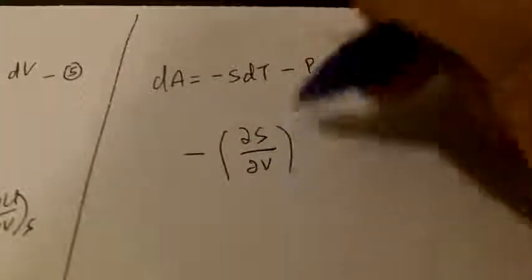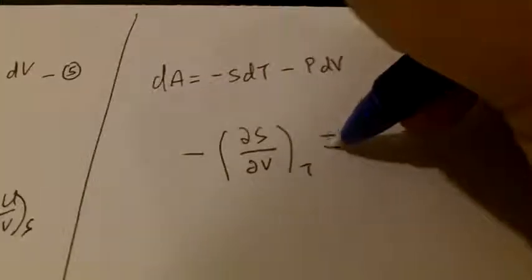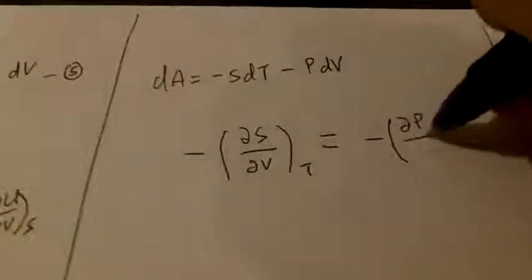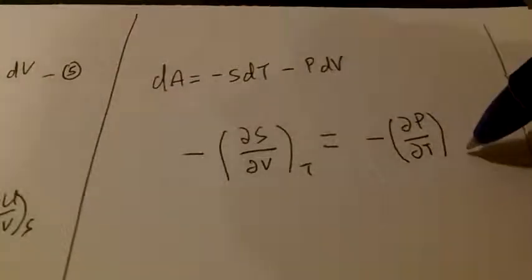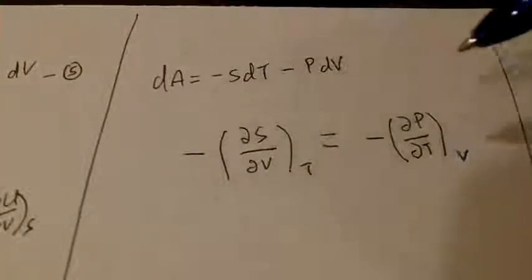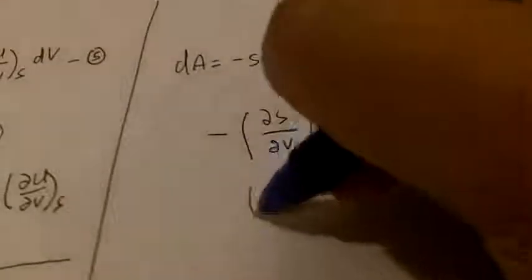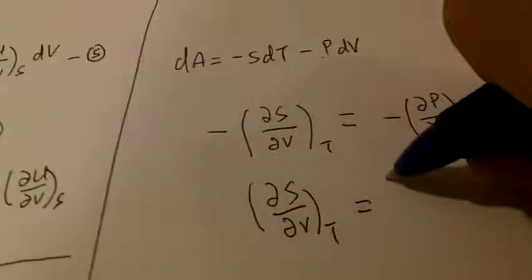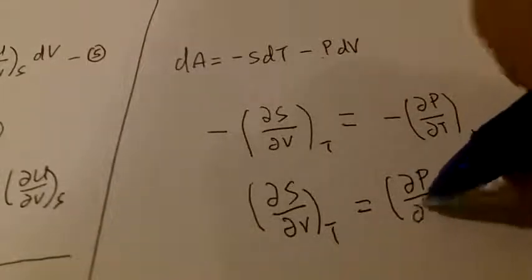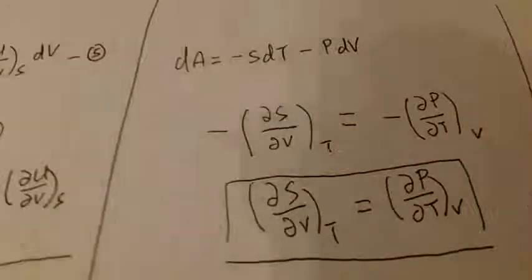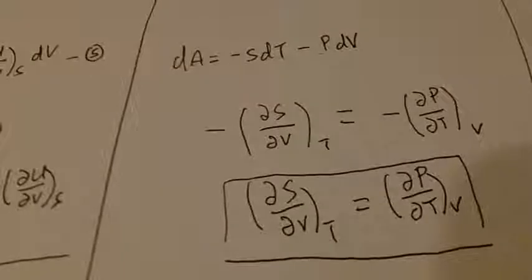Del S del V, holding temperature constant, equals negative del P del T, holding V constant. We just remove both of the negative signs and we get our third thermodynamic relation, del P del T at constant V.